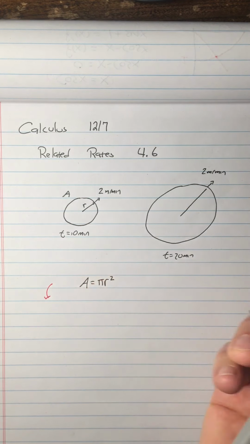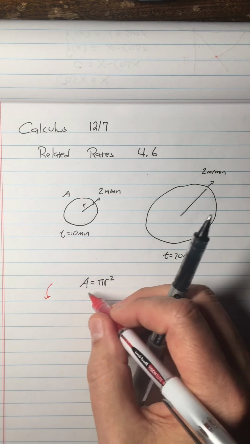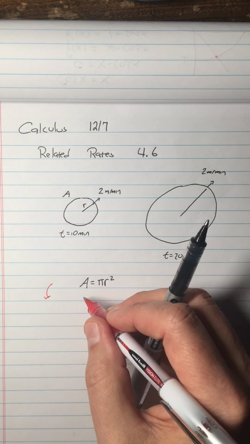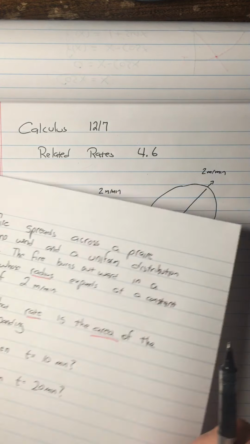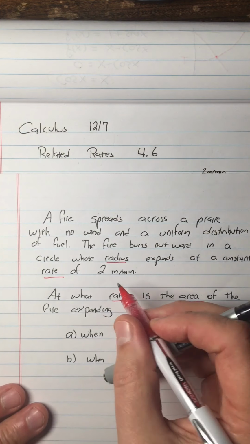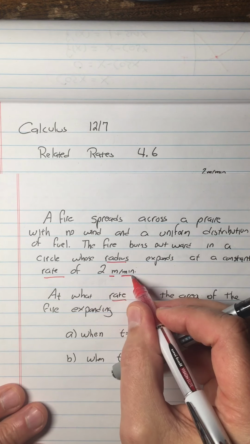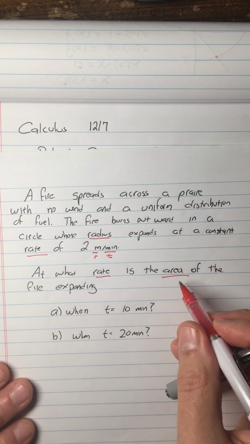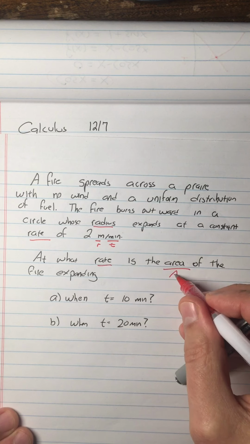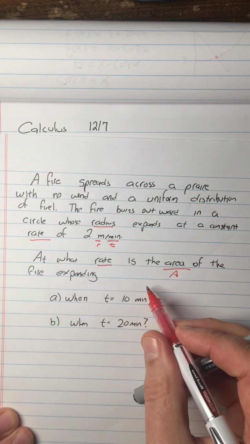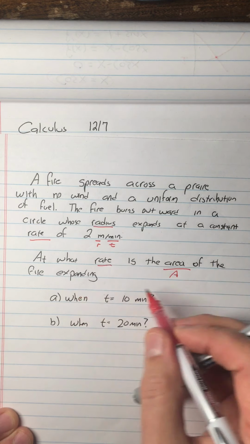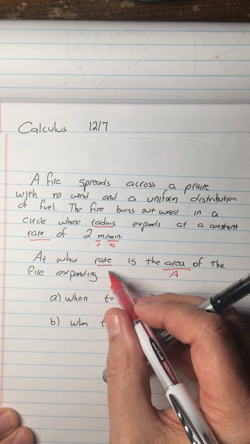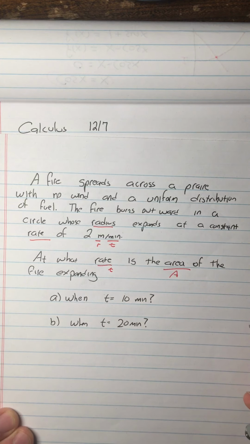Because that's the rate of change, I want the rate of change of area in time. The area is going to be A, and when I say how fast is it expanding, I mean in time, at what rate in time is the area expanding.